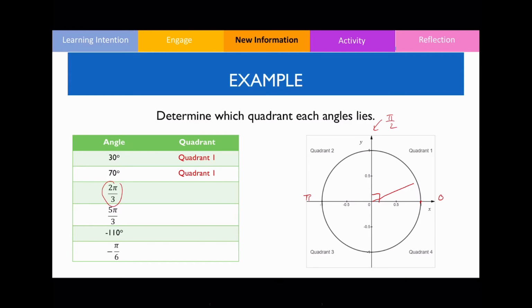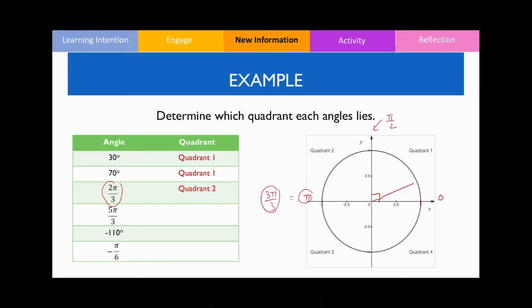In this case, pi is the same thing as rewriting 3 pi on 3. And notice that now that the denominator is the same, I can clearly see that 2 pi on 3 is a lot closer to 3 pi on 3 than it is closer to 0. So therefore, this is going to lie in quadrant 2.